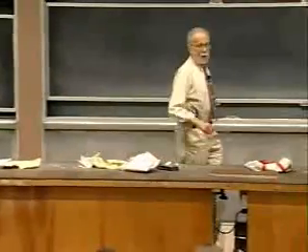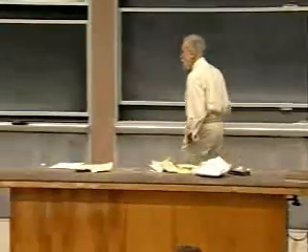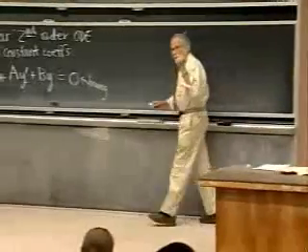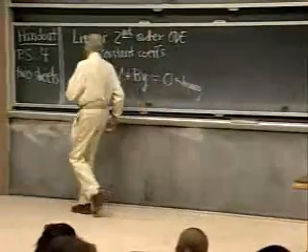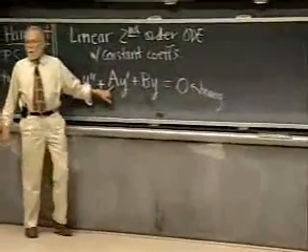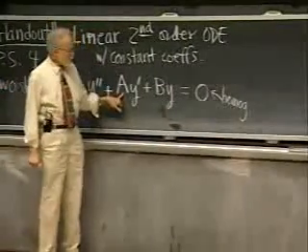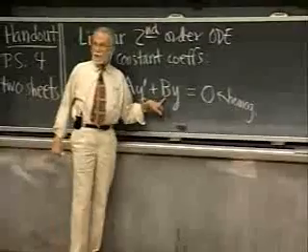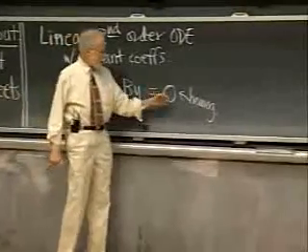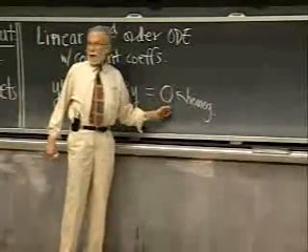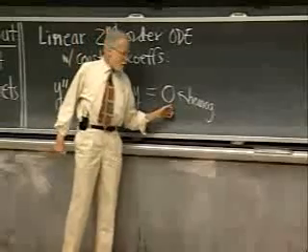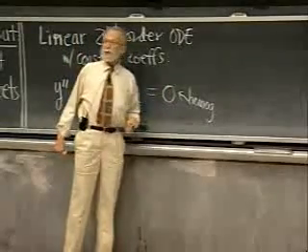Of course, that's not the most general linear equation there could be. In general, it would be more general by making this a function of the independent variable x or t, whatever it's called. Similarly, this could be a function of the independent variable. And above all, the right-hand side can be a function of a variable rather than simply 0.